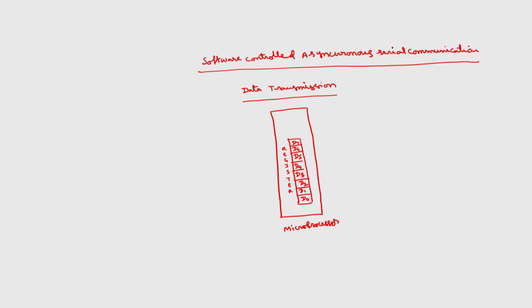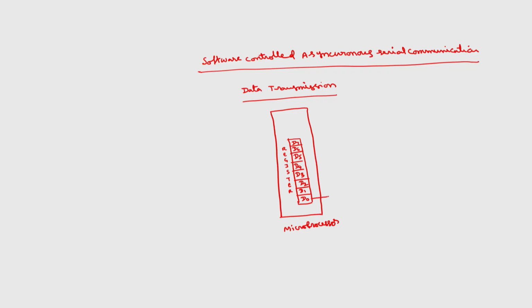The data that is to be transmitted on the serial line, I will first take into some register, because this register will contain parallel data. So I will transmit bit by bit. First I will transmit D0 onto the serial line. So I will have an output port here, because we are going to transmit. You can use an 8255 output port.